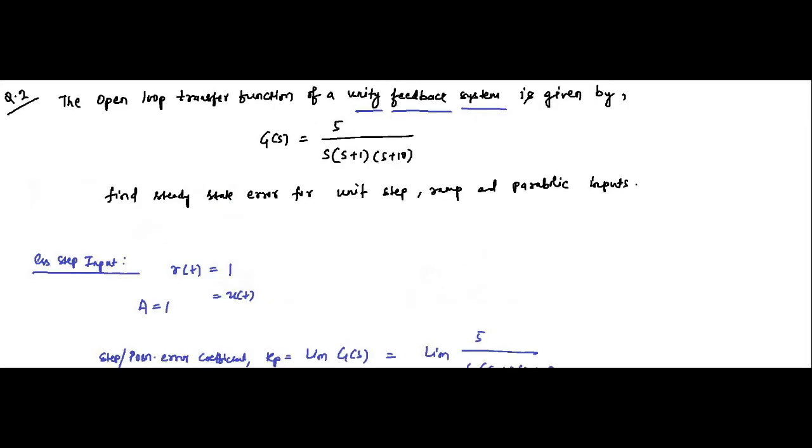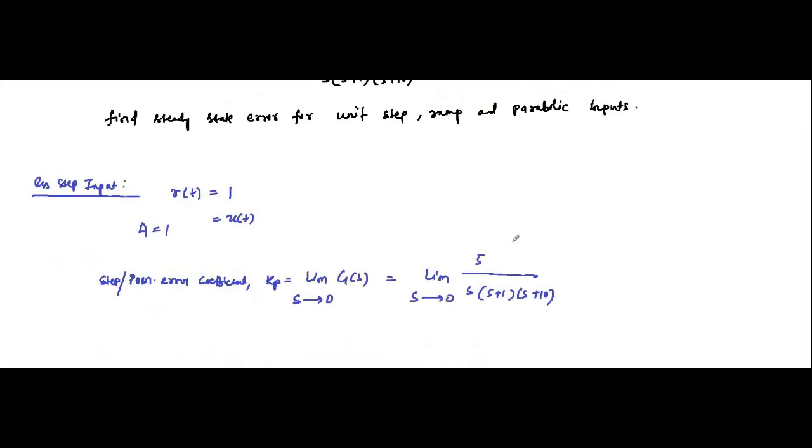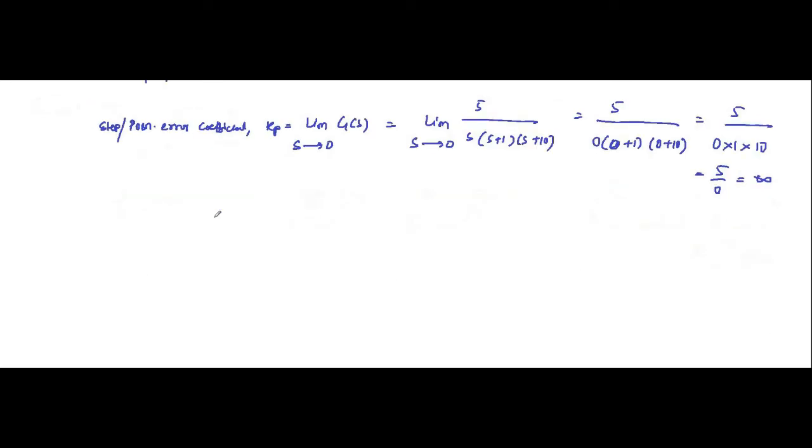We'll simply substitute s with 0, that will be 5 by 0 into (0 plus 1) into (0 plus 10). So it is 5 by 0 into 1 into 10, so it is 5 by 0, which is equal to infinity. So the step error coefficient or the position error coefficient is equal to infinity.